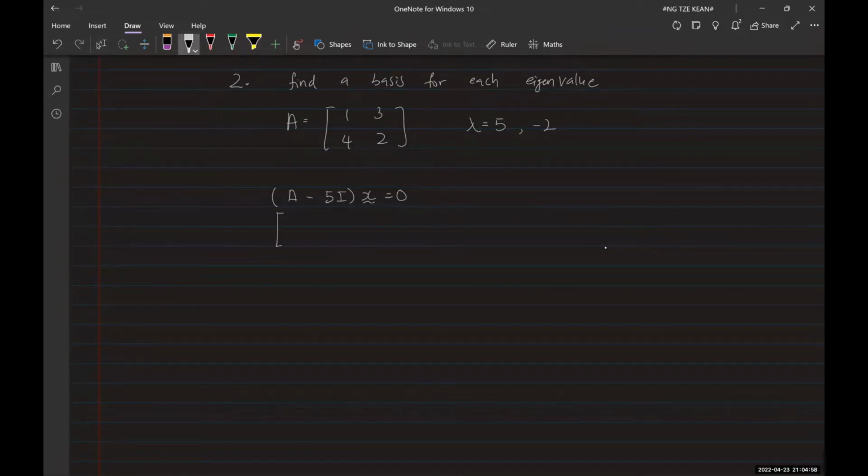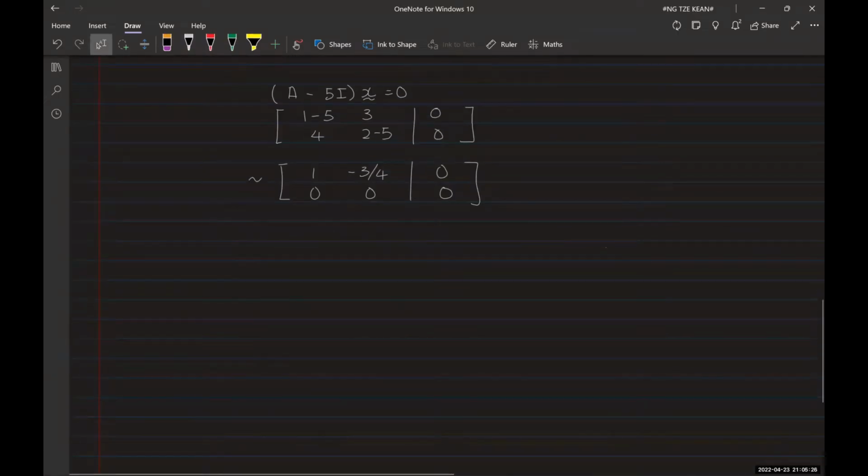This is just 1 minus 5, 4, 3, 2 minus 5, and we make the augmented matrix. If we solve for this matrix, minus 4, 4, 3, minus 3, what we will get is 1, minus 3 over 4, 0, 0, 0, 0. So this is what we will get. And we have x1 equal to 3 over 4 x2, where x2 is equal to some scalar t.